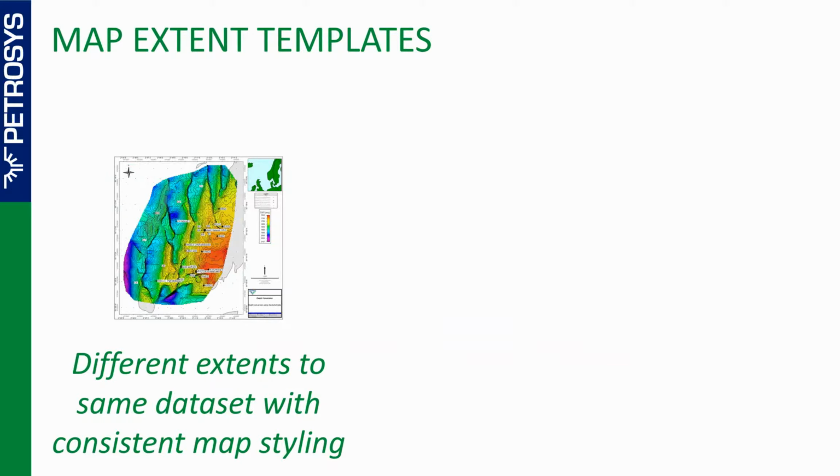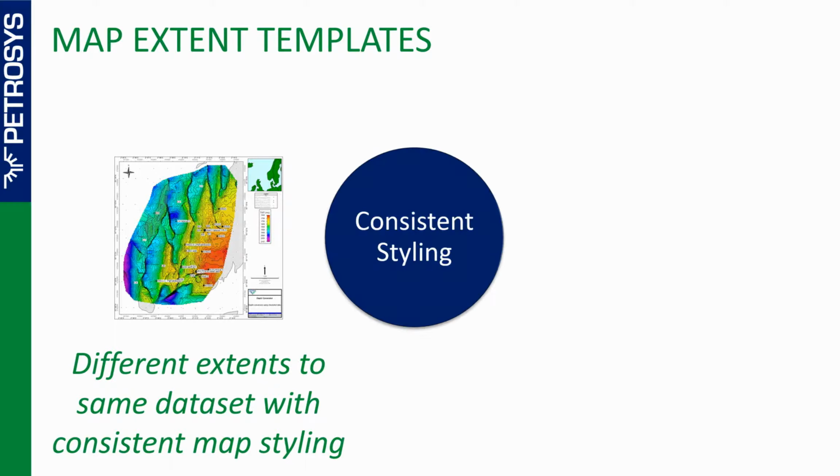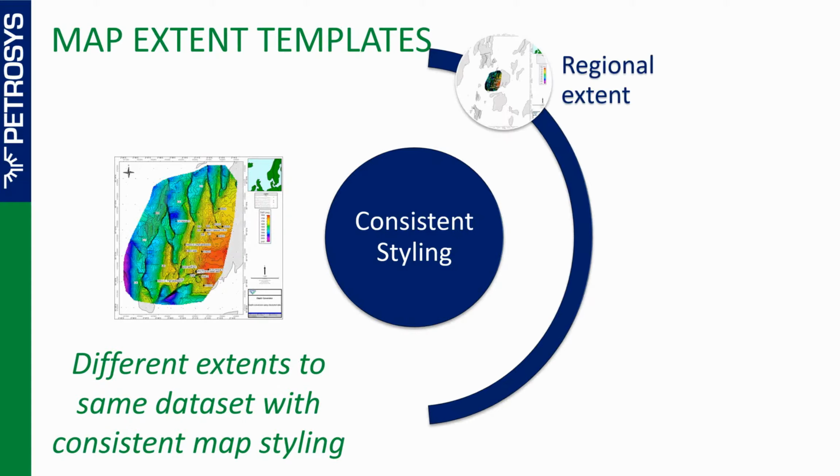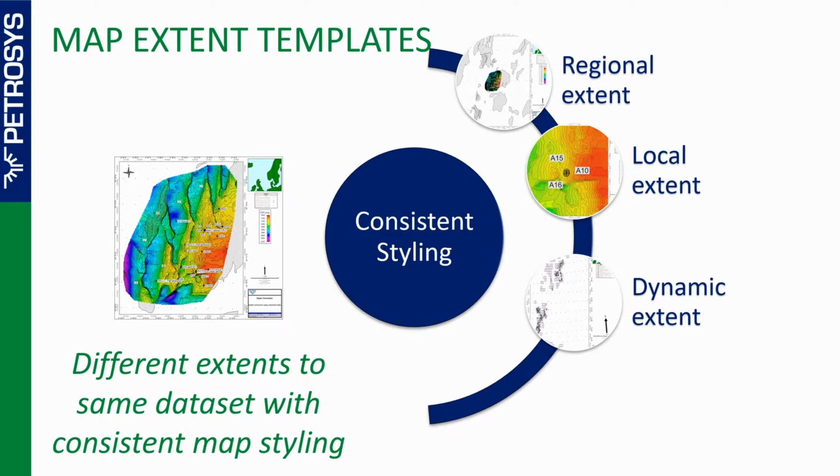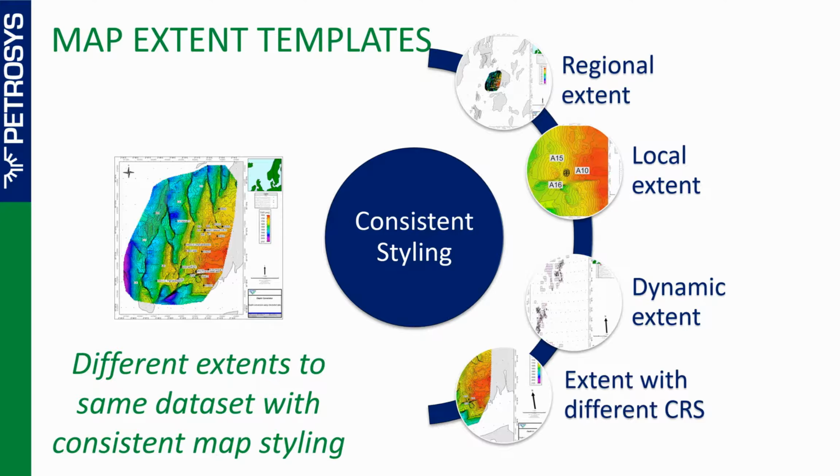To make this concept easier to understand, I have this map on my left which has a particular style and a specific extent. By just changing the extent of the same map, I will achieve a consistent style in those maps, because at any given extent, it doesn't matter if it is a regional extent, a local extent, a dynamic extent which is fixed to the data that you have in your display dataset, or another extent with a different CRS.